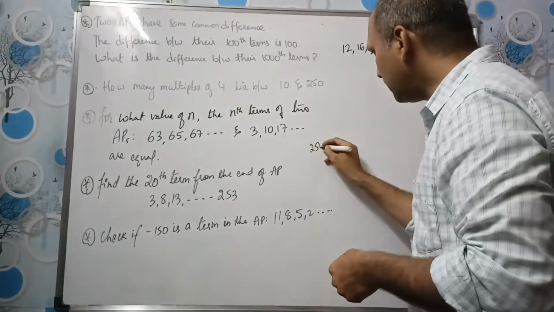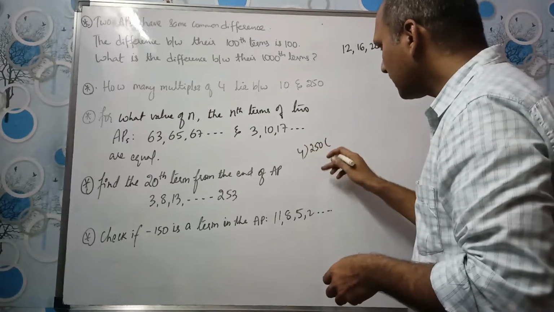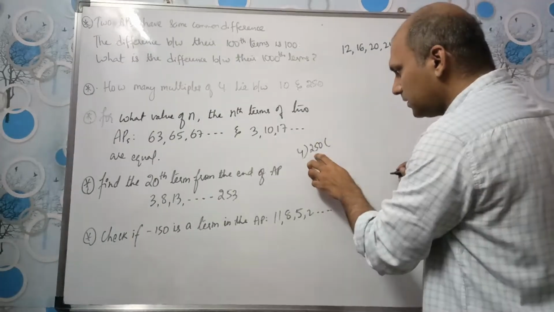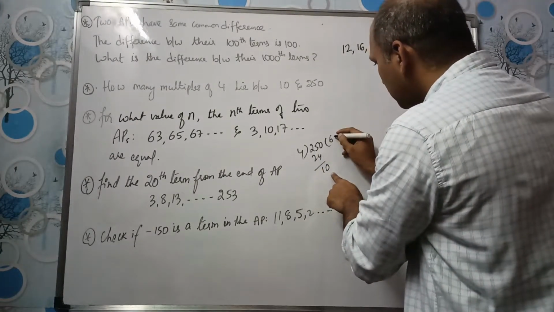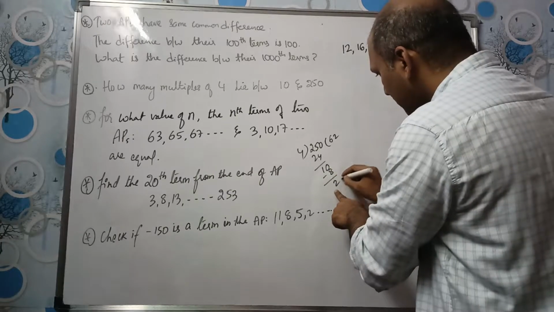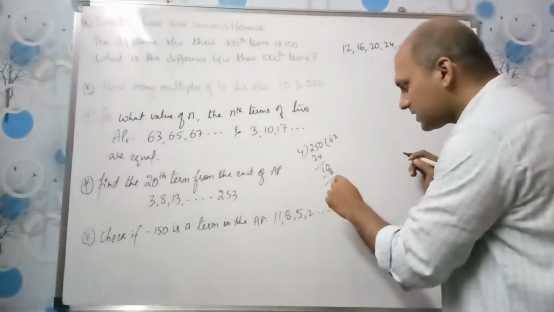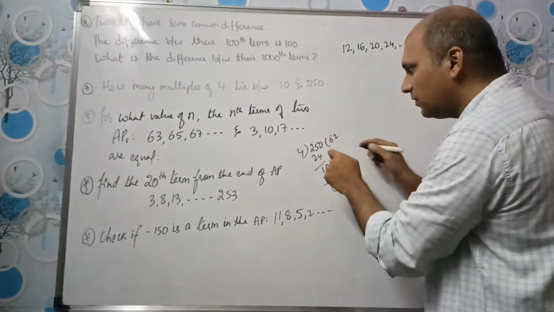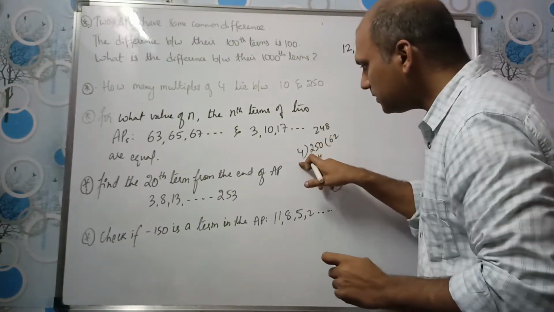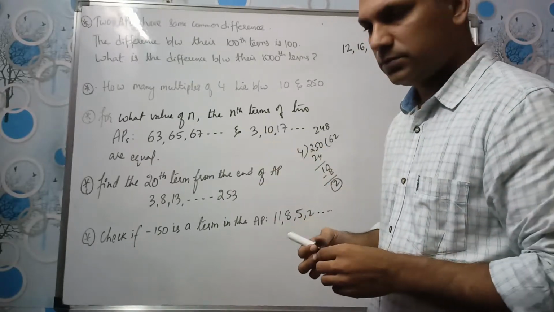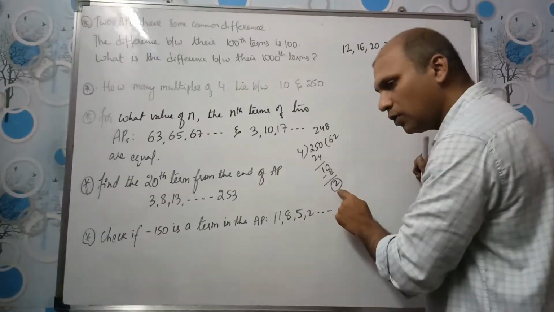See, if you divide 250 by 4, it will not divide completely, right? 4 6s are 24, 4 2s are 8, remainder is 2, right? So if you subtract this remainder from 250, we'll have 248. So 248 is a multiple of 4 because 250 is 2 more.